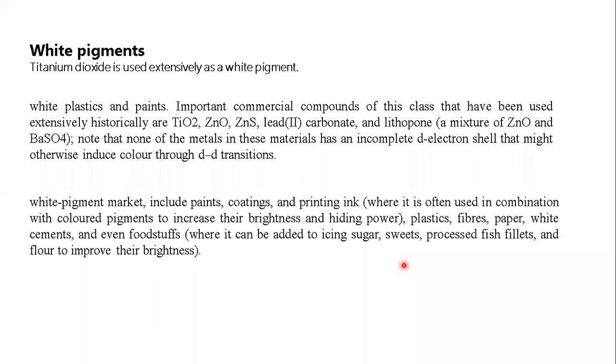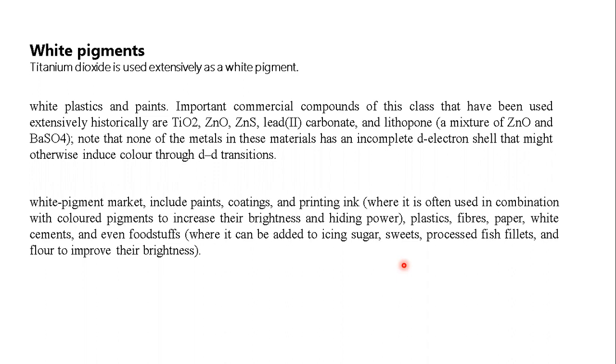Now we have discussed all about the colored pigments. Now we'll discuss some white pigments. As I told before, white pigment is very important industrially, because white color is needed in various applications. Among these, titanium dioxide, TiO2, is extensively and widely used as a white pigment.